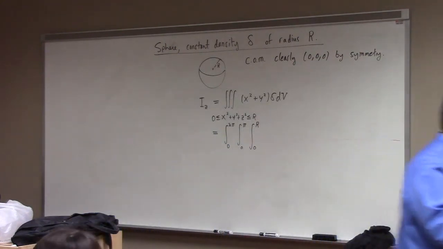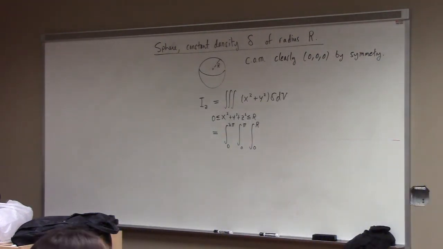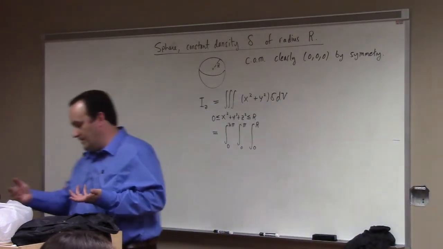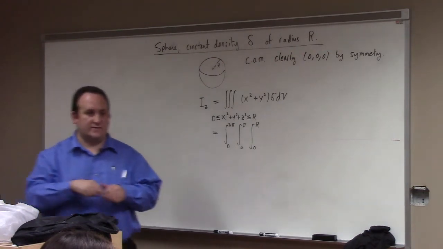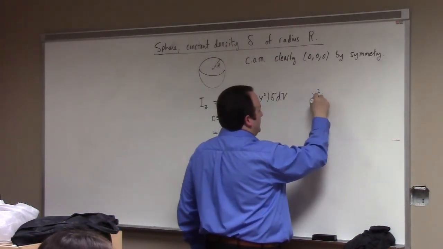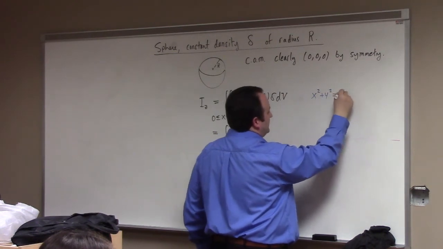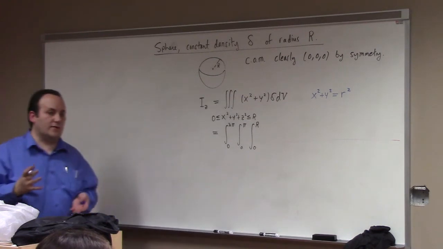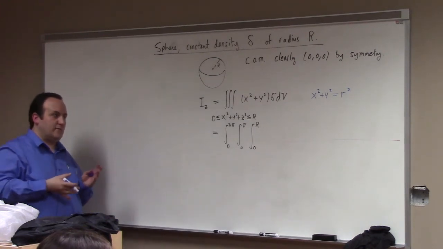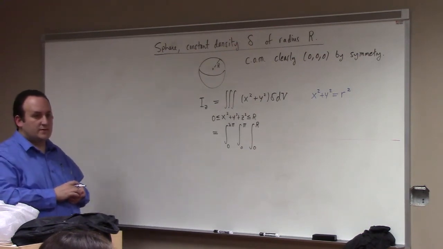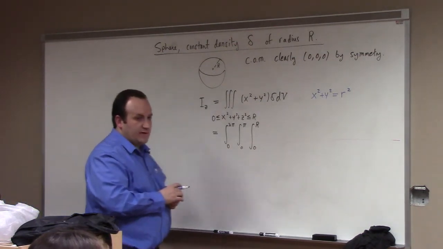Okay. Now here, we've got x squared plus y squared. What is x squared plus y squared? It's r squared, like this cylindrical or polar radius squared, right? Now, if I'm using spherical coordinates, that's not what I want there. I need to recast that in terms of spherical coordinates. What's r in terms of rho and theta and phi?